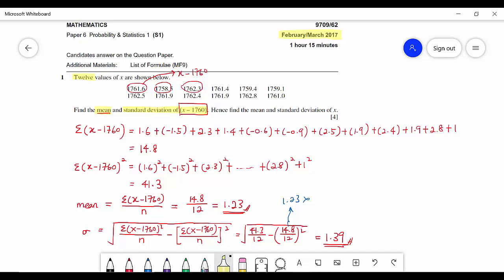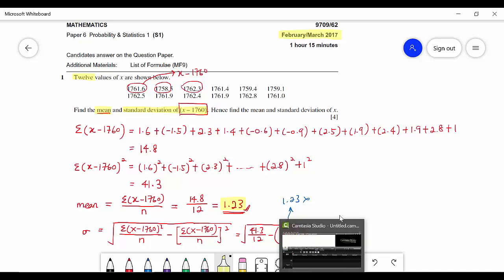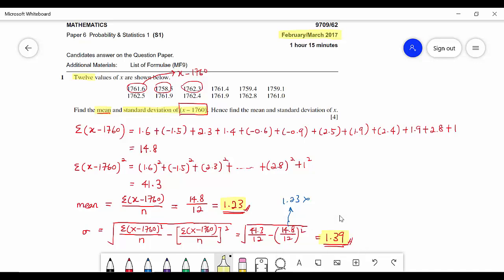Alright, so this is actually the mean and also the standard deviation for x minus 1760. Right? Okay, then next, after this, they actually want you to calculate the mean and standard deviation for the original set of values x. So generally we learned the coding formula before, which is summation of x minus 1760 divided by n.